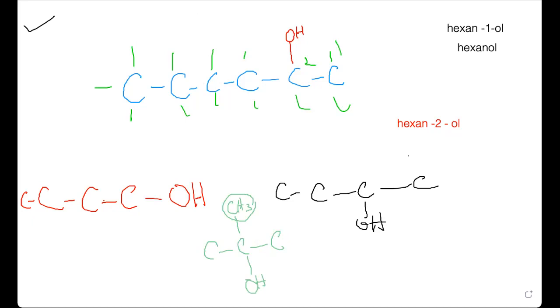Forget about the propanol stuff. Just count the number of carbon. This chain has 4 carbon. This chain has 4 carbon. This chain has 4 carbon, and one alcoholic group. What is the dissimilarity here? Just the position of OH? Just because of the position of OH, these 3 alcohols have different names.